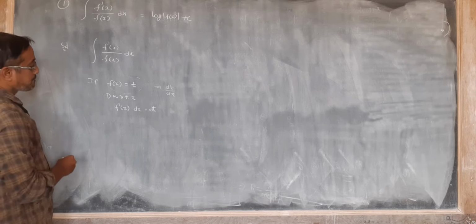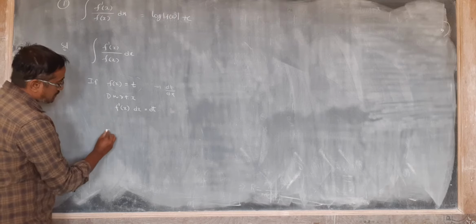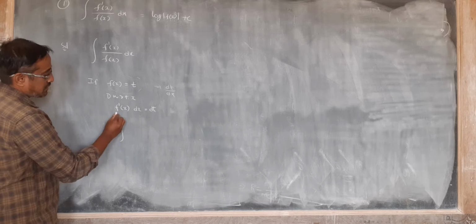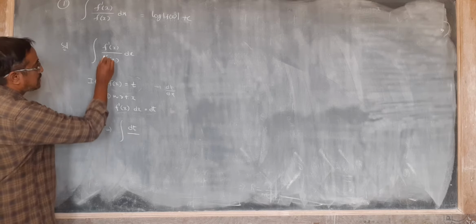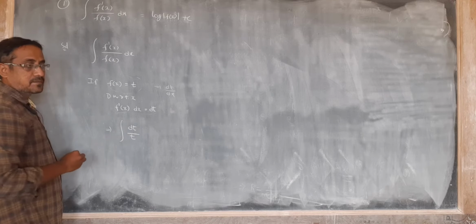So now the given integral can be written as integral dt by t, since f of x is t.